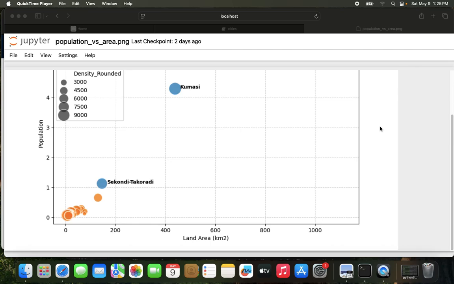This is going to help us to understand how much population growth we can expect as the city expands with respect to its borders. To do this, we're going to be checking some key metrics as well.